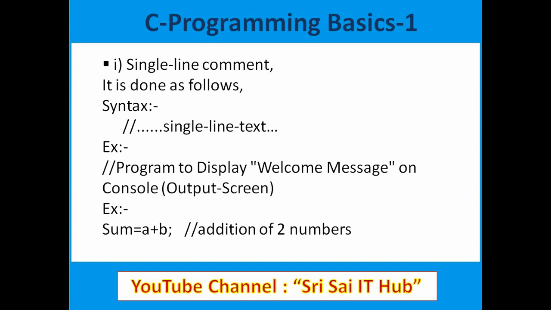Example, sum equals a plus b, and beside that I am writing a comment: addition of 2 numbers. At this line we are performing addition of 2 numbers, so this is the information provided to the person who is reviewing or reading your program.